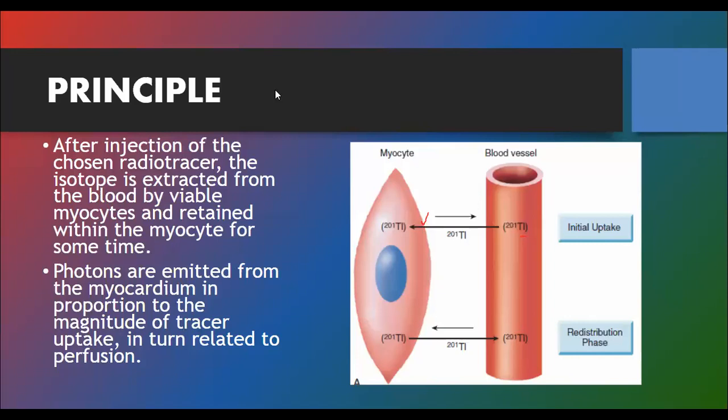And as this isotope is absorbed into the myocardial cells, later on the emitted radiations in the form of photons are going to be detected by the SPECT machine, further processed by the software, and shown in the form of a display. So this is the basic mechanism.